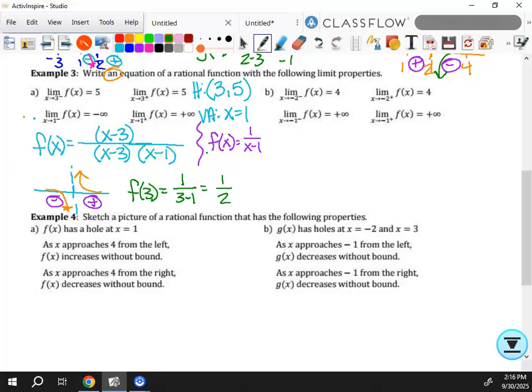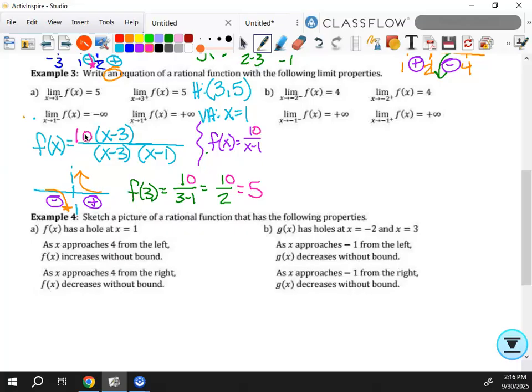I want it to be 5. So what would I have to have in the numerator for this to equal 5? 10, right? So after I canceled that out, if this was 10, then 10 over 2 is going to give me 5, right? Which would mean I need a coefficient of 10 right there.